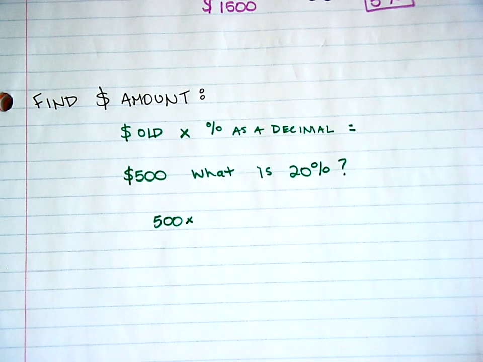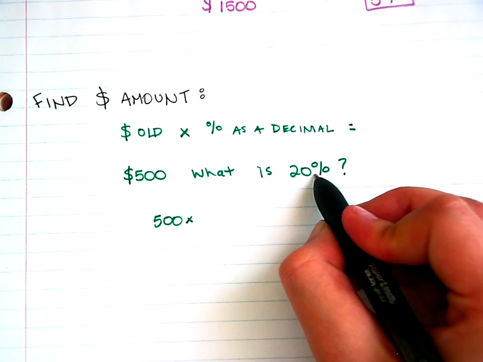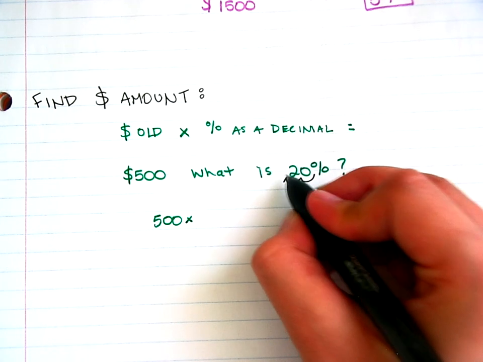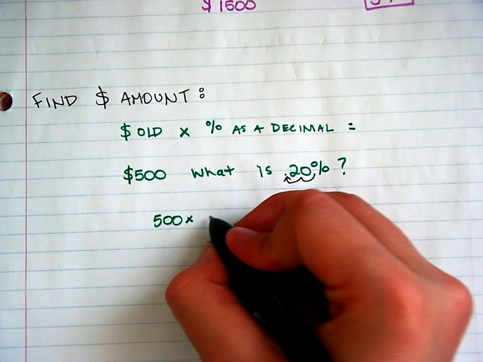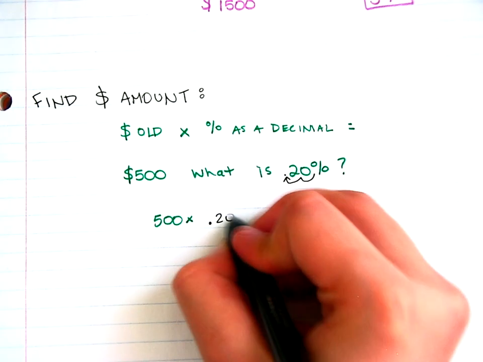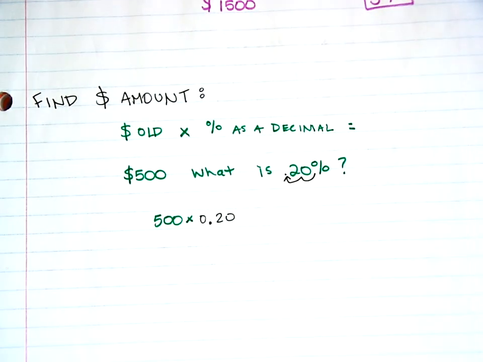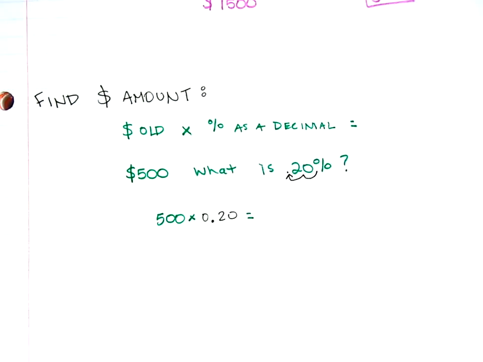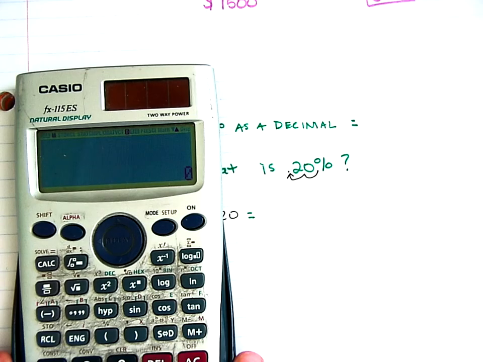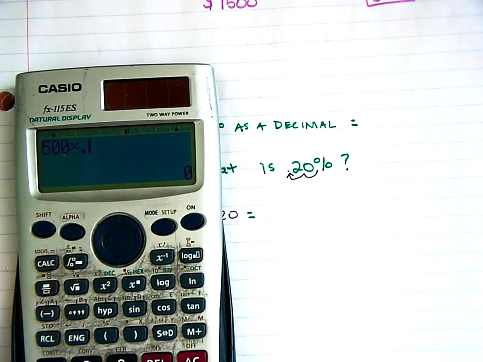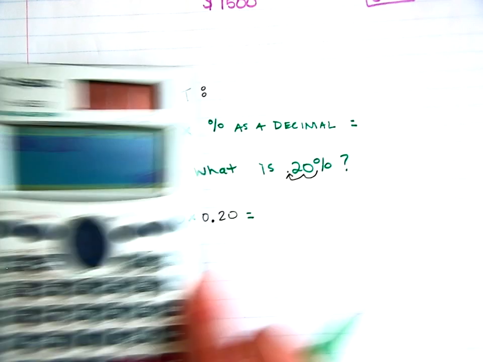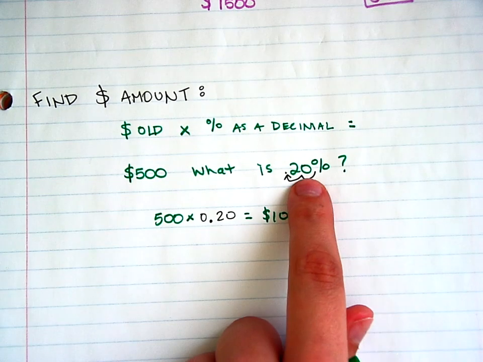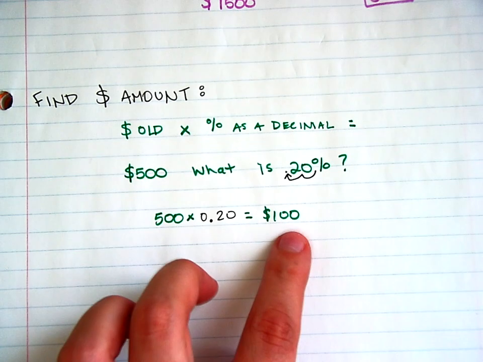Remember, our decimal's right here after the number, and now we go backwards: 1, 2. So what I'm multiplying by is 0.20. You can put a 0 in front of it if you want. In my calculator, 500 times 0.20 gives me $100. So I know that 20% of 500 is $100.